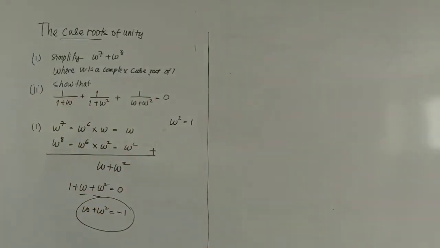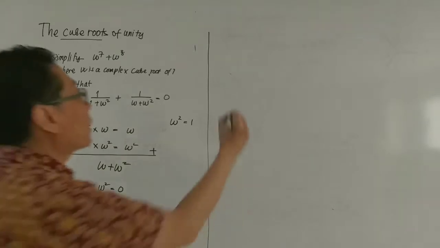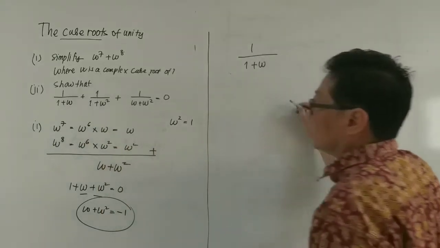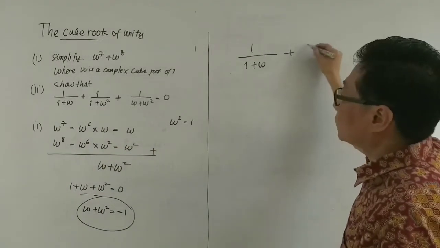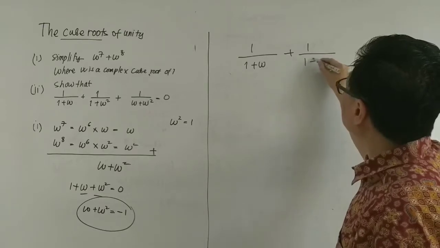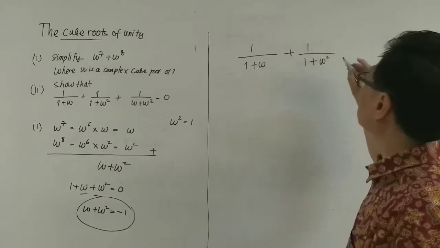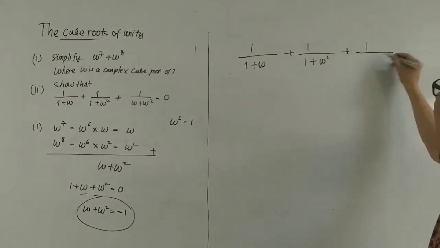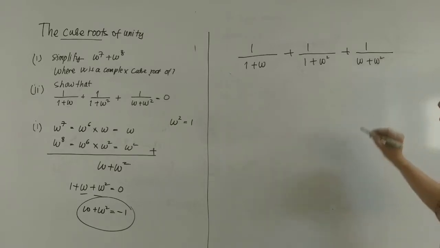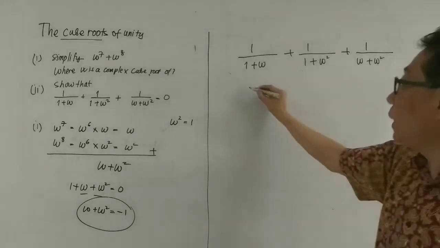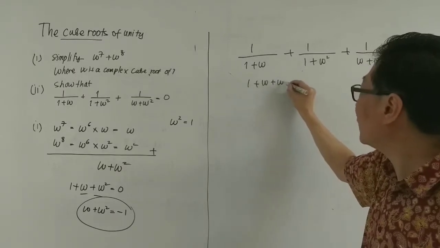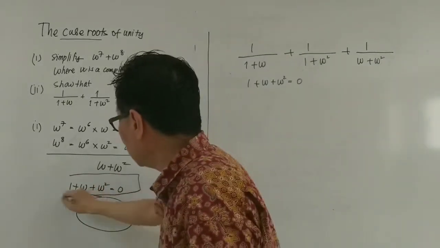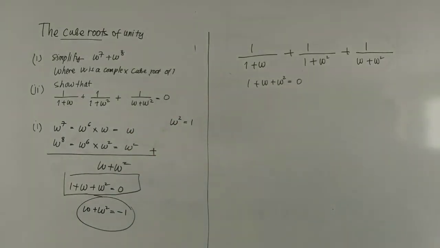For the second problem, we have 1 over 1 plus omega plus 1 over 1 plus omega squared, and then we have 1 over omega plus omega squared. Still we have 1 plus omega plus omega squared equals 0. This is the simple and important one.